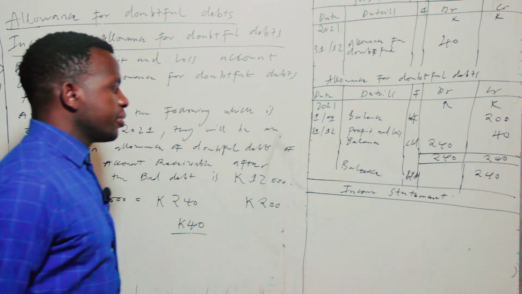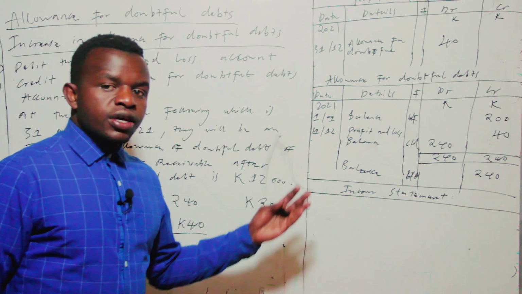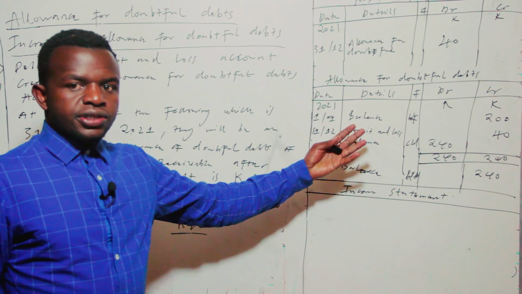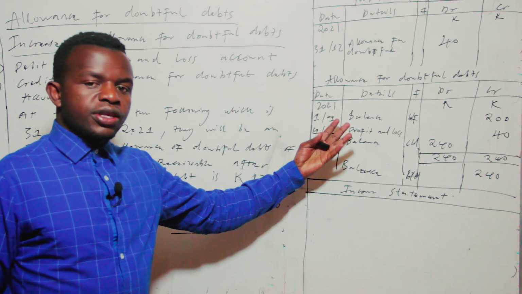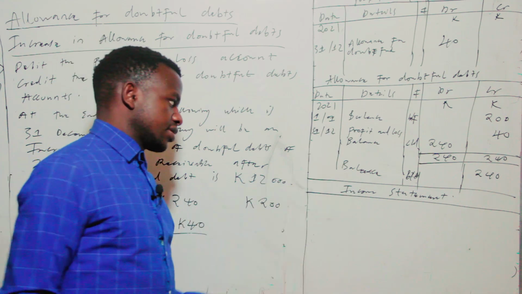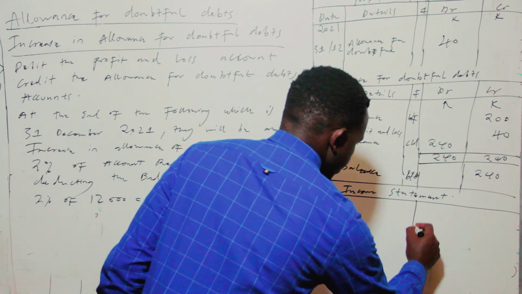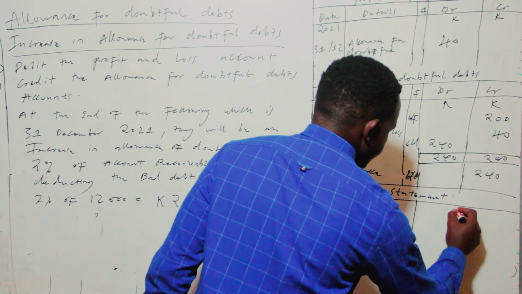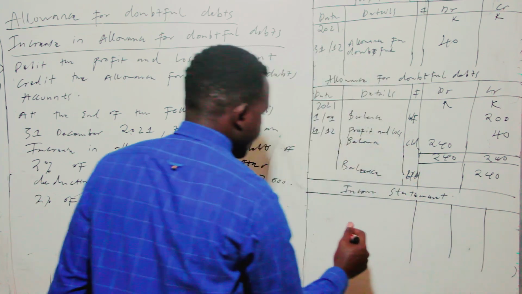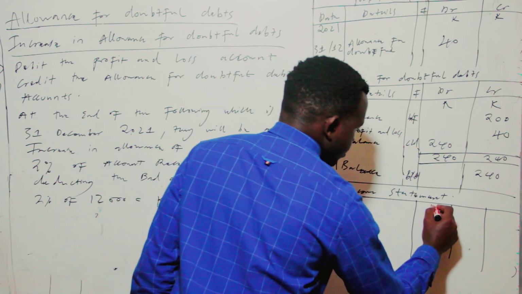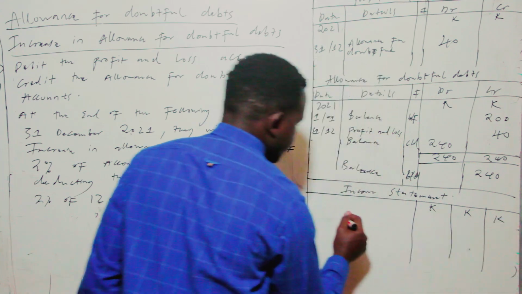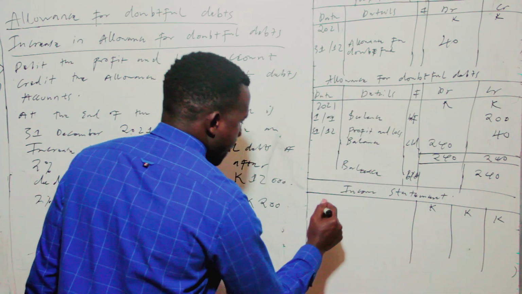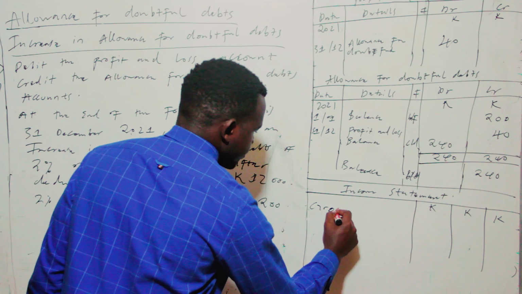So in the income statement, we are only going to show the amount that had increased, which is 40 kwacha. So that's the amount that we're going to record under expenses. So you can say, we have a kwacha, and you can say gross profit.